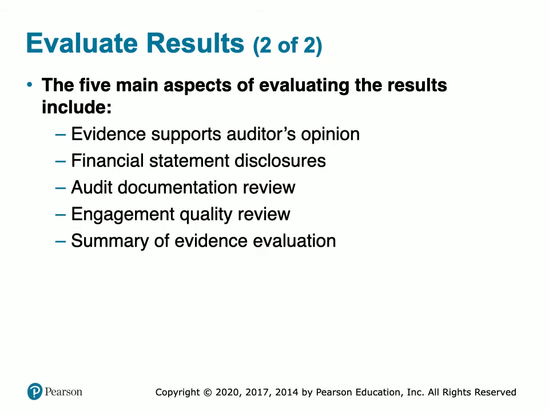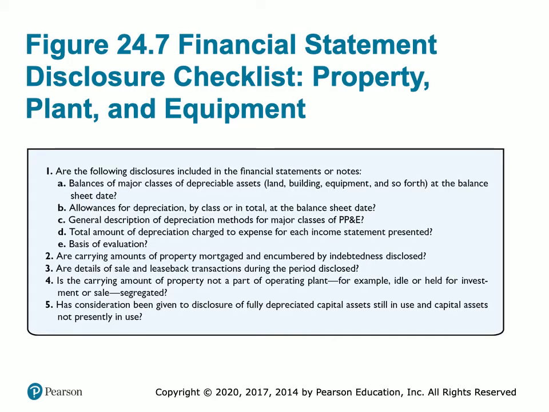The engagement quality review is a lot of times that second partner review, and summarizing, having a memo or some other form of documentation that says the partner is comfortable with the evidence and has reviewed stuff. And again, all this stuff is going to be electronic now. So, Brian signing off on work papers for Ernst and Young is all electronic at this point.